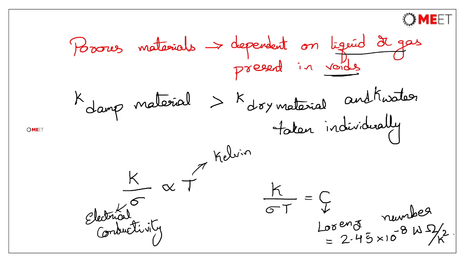So this is the unit that we need to consider. So this law conveys that the materials which are good conductors of electricity are also good conductors of heat. Okay, so try to remember, whichever are the good conductors of electricity, they are good conductors of heat.